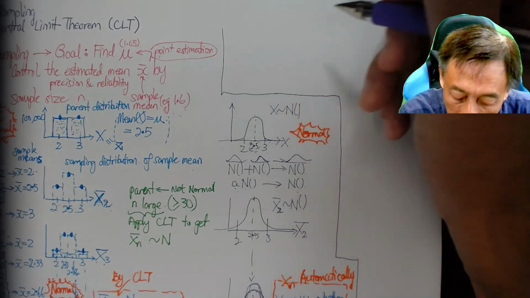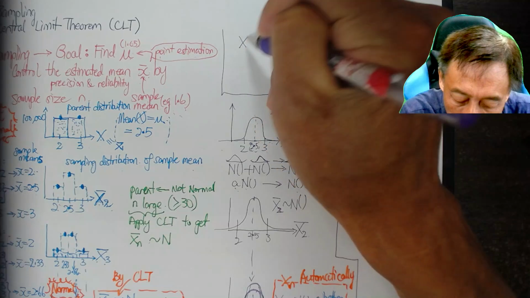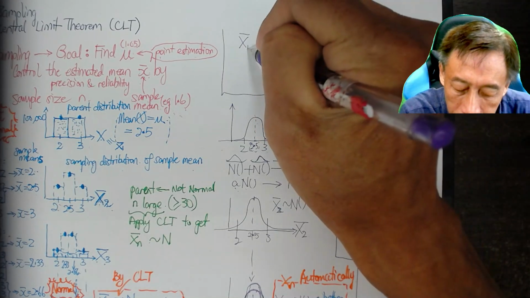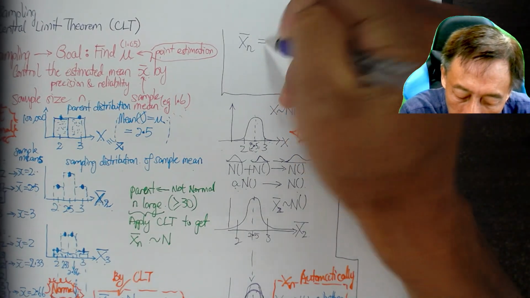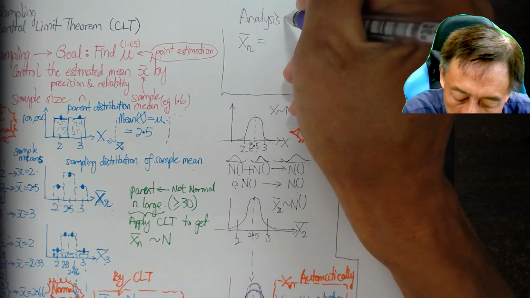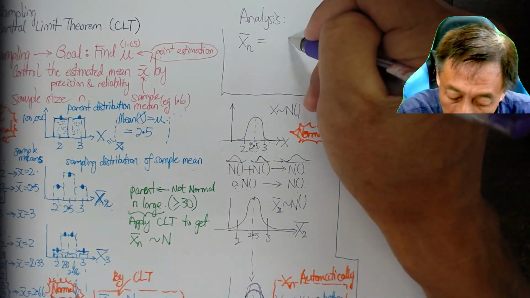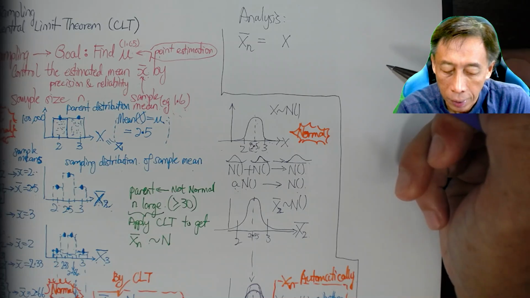But typically, we will talk about the sampling distribution of sample mean being constructed out of sampling from the parent.